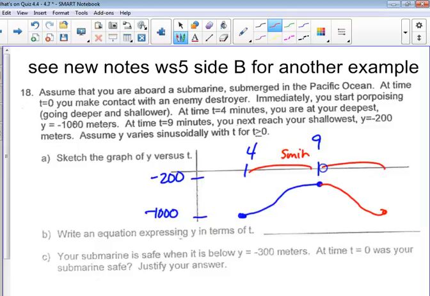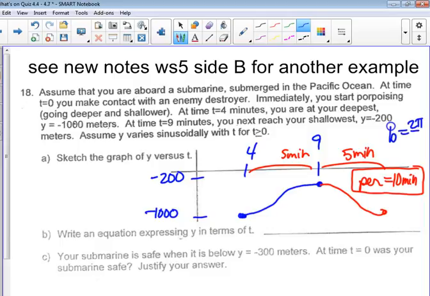So it'd be another 5 minutes, which we can find that ordered pair out there, but all we really care about is that the period is 10 minutes. Okay, it takes us 10 minutes to go up and down on our porpoising. Now what? Okay, so the B value is 2 pi over 10 or pi over 5.